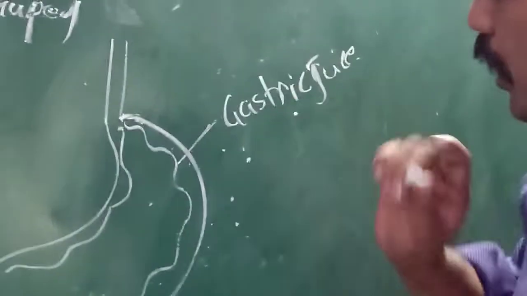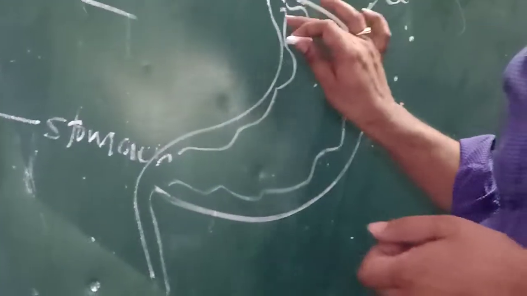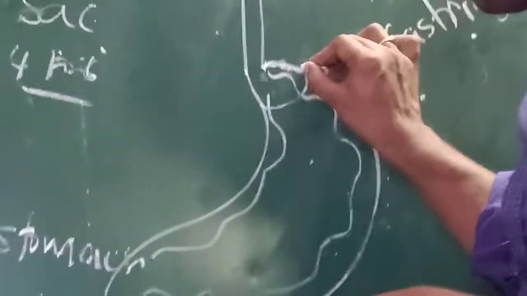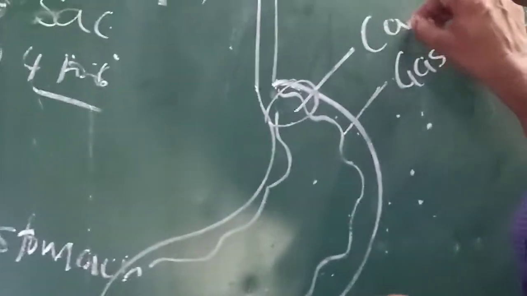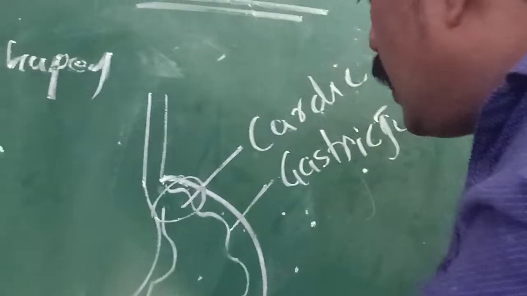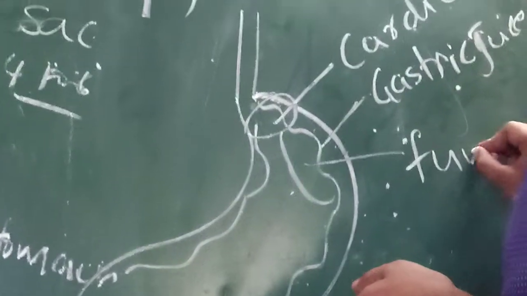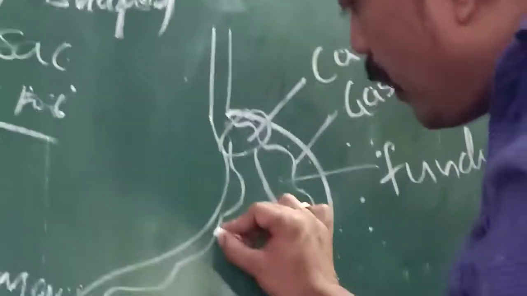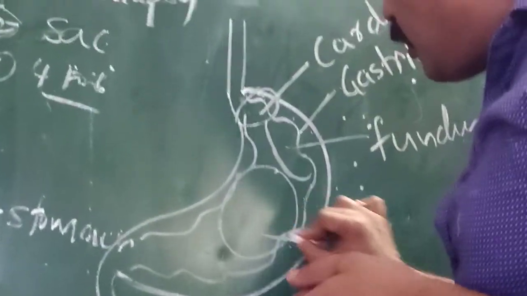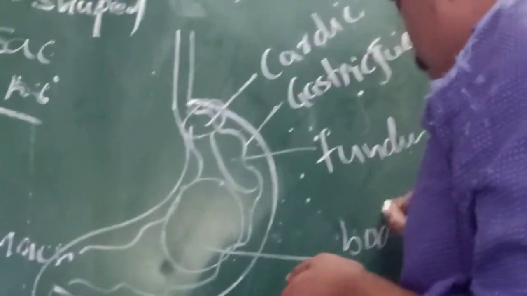In the stomach, 4 regions are there. Regions means places. This place we call the cardiac region, this place the fundus, and this place, which is the largest place in the stomach, the body.